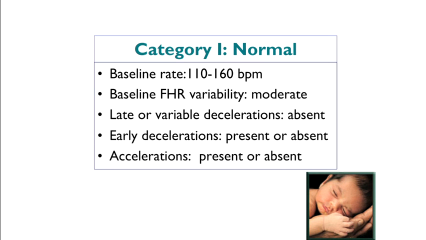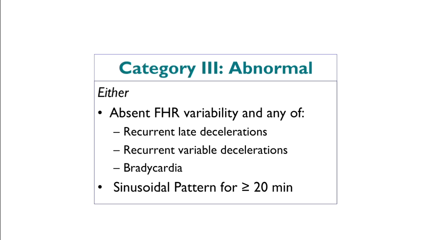As you may know, now there are 3 categories, category 1, 2, and 3. Category 1 is normal fetal heart rate, and they give the conditions to call it normal, which is a normal baseline. Fetal heart rate variability has to be moderate, no late or variable decelerations. You can have early decelerations, that's okay, and accelerations can be present or absent. So that's normal category 1, very clear.